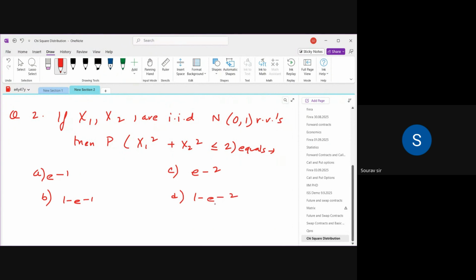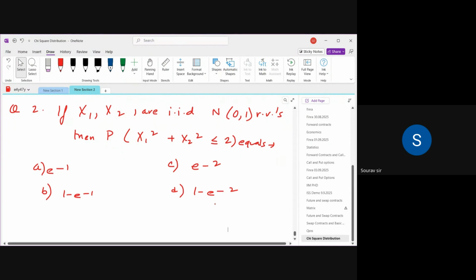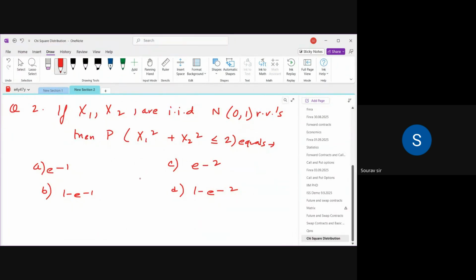Then, which one will be the answer? Ma'am, in the first question, I think even the range is from 0 to infinity, I guess.